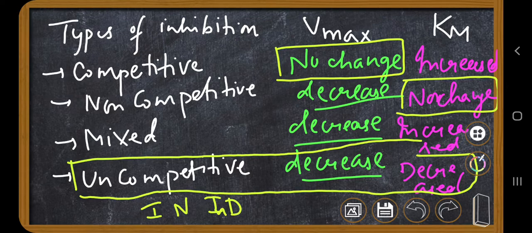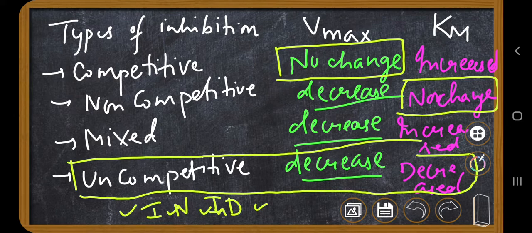In India means I refers to increase, N refers to no change, again I refers to increase, and D refers to decrease. With respect to Km I am talking about. So this is the short mnemonic which can be used with respect to Km if you are struggling with the value changes while learning. So you can use this mnemonic, right?